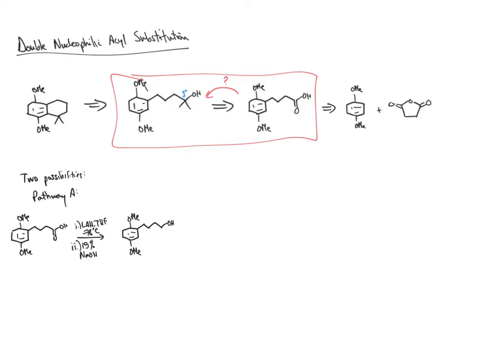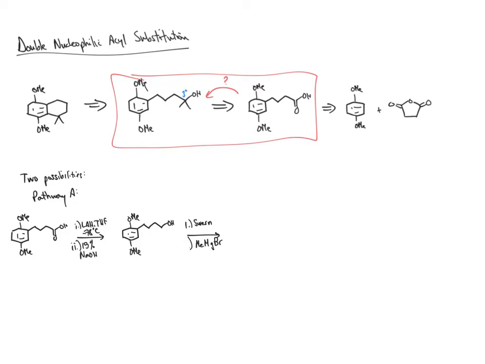What we would then need to do is perform a Swern oxidation to oxidize the alcohol up to the aldehyde, and then we would need to take a Grignard reagent and perform a Grignard addition using methyl magnesium bromide. So the first step there is the Swern oxidation.